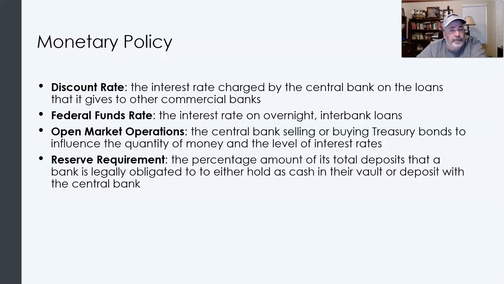Federal funds rate. They don't change that. They target it. When the Federal Reserve is targeting a specific interest rate, when they're affecting the money supply to try to get the interest rate to a certain level, they are specifically targeting the federal funds rate. It turns out that the federal funds rate tracks really well with every other. There's lots of interest rates out there.